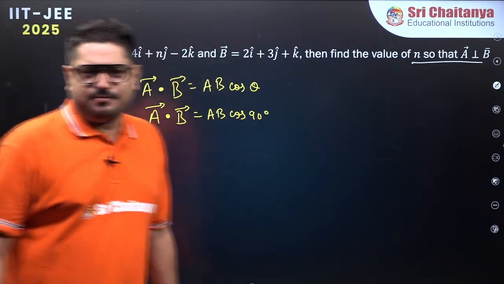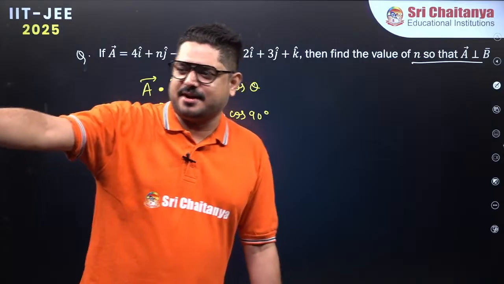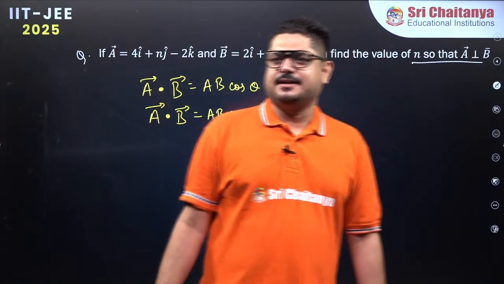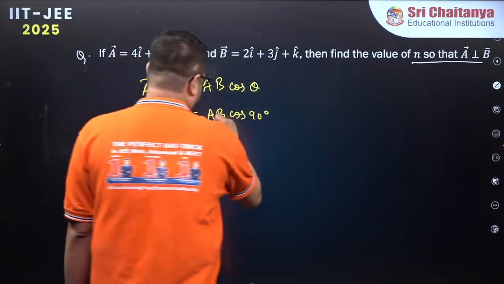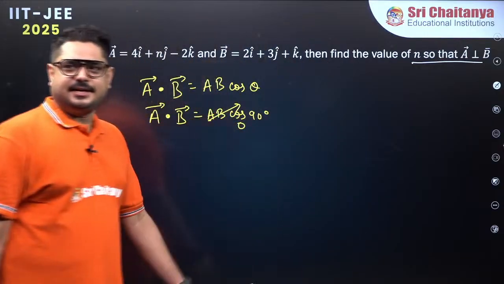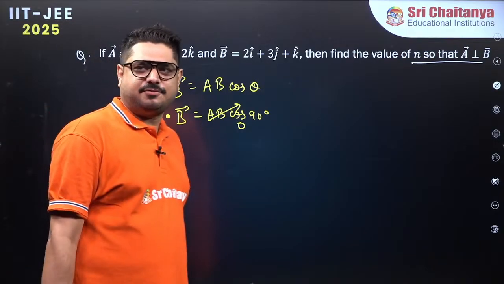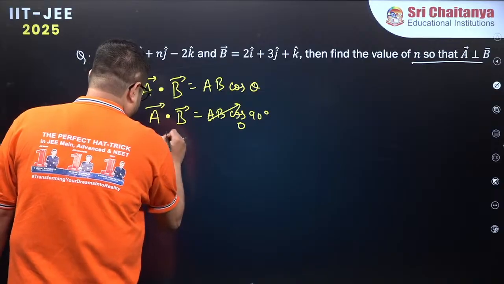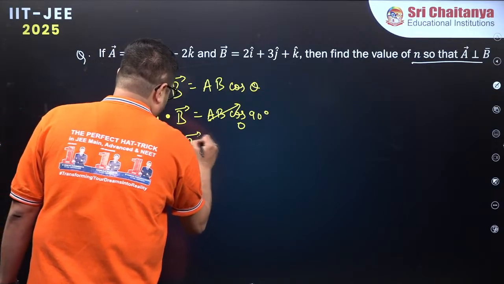So what is cosine of 90? Write it down in the chat box, everyone. That is going to be equivalent to 0, isn't it? So as a result, A dot B is equivalent to 0.